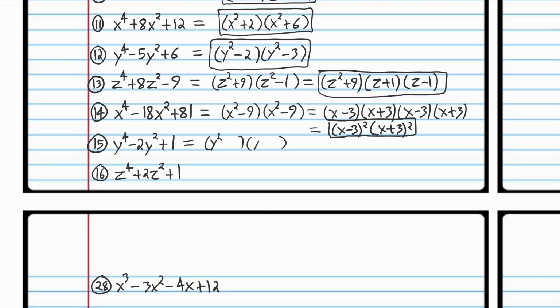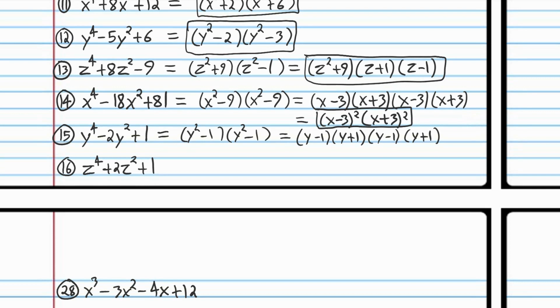y squared, y squared, minus 1, minus 1. Then we can continue to factor, so we have y minus 1 times y plus 1, and again y minus 1 times y plus 1.